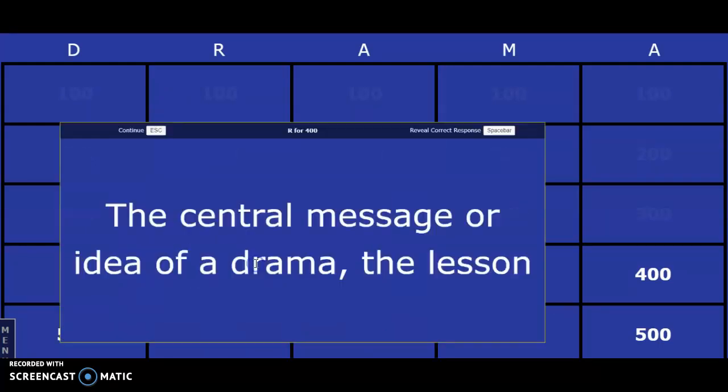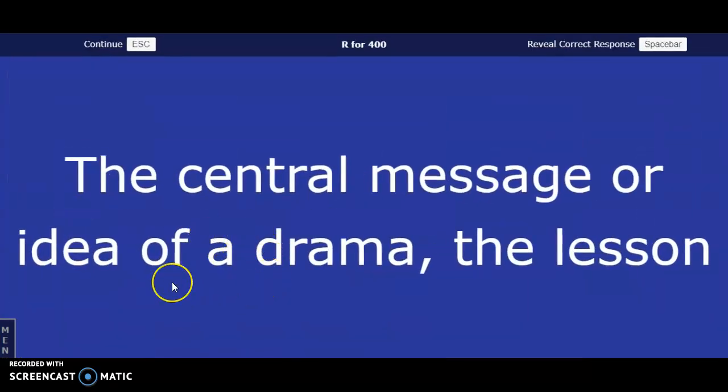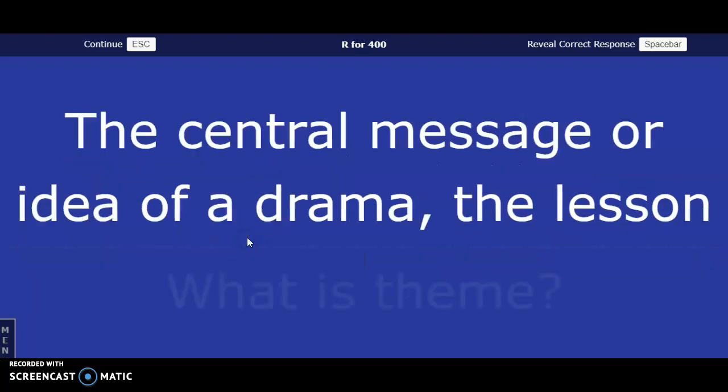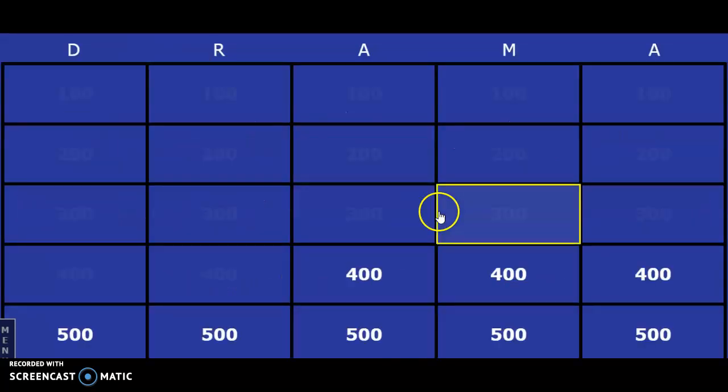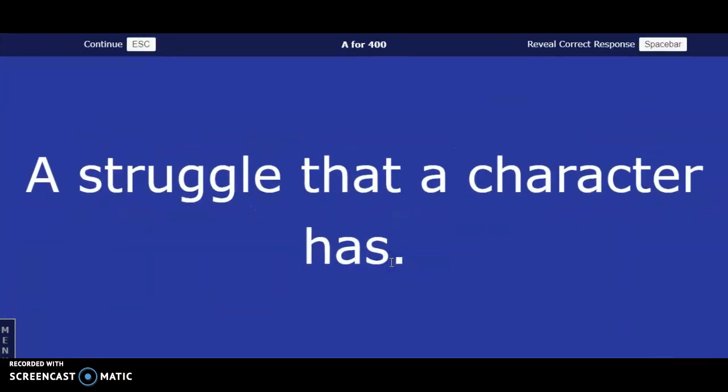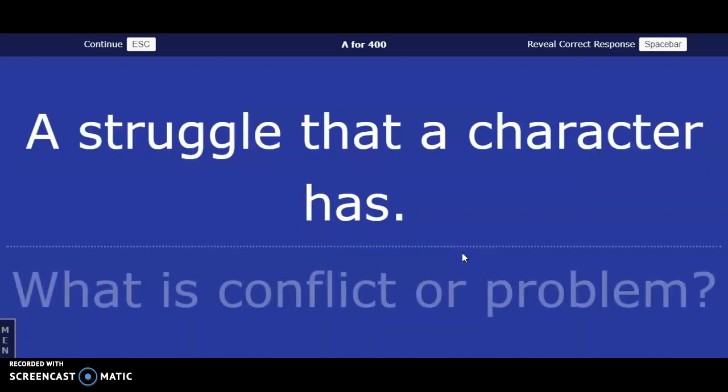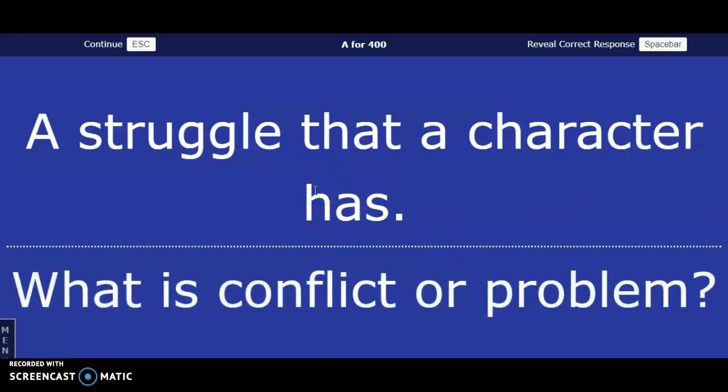R400. The central message or idea of a drama. The lesson learned. 3, 2, 1. What is theme? A400. A struggle that a character has. 3, 2, 1. What is conflict or problem?